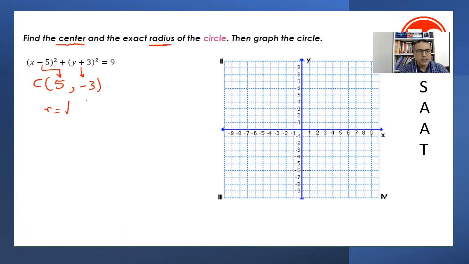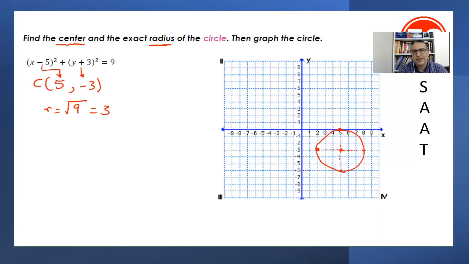And the radius is equal to root of 9, which is equal to 3. If you just wanted to sketch this circle, you will go to the point (5, negative 3), move to the right 3, the radius, up 3, left 3, down 3, join between the points, here is the circle.